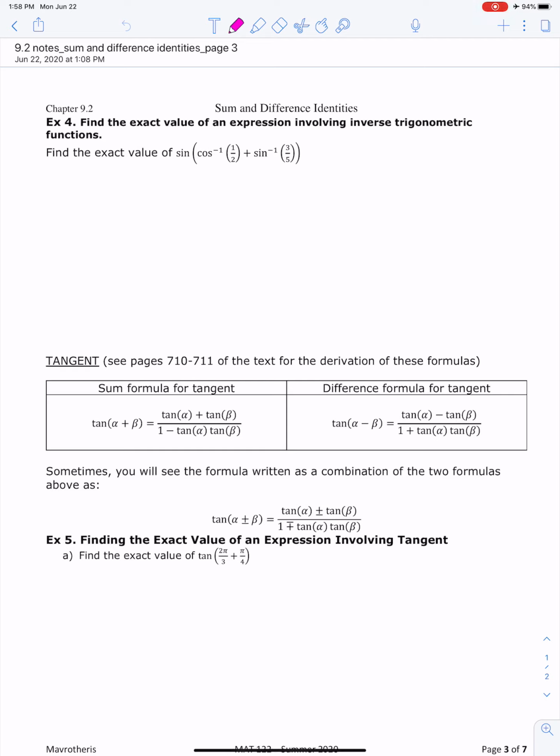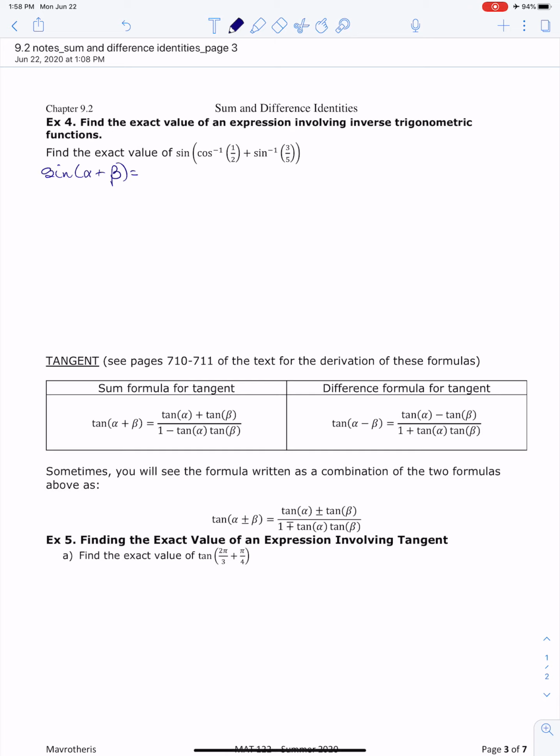We've got inverse cosine of 1/2 and inverse sine of 3/5. So first things first, this is the sine of a sum. So I'm going to write that formula out so I know exactly what I need to find.